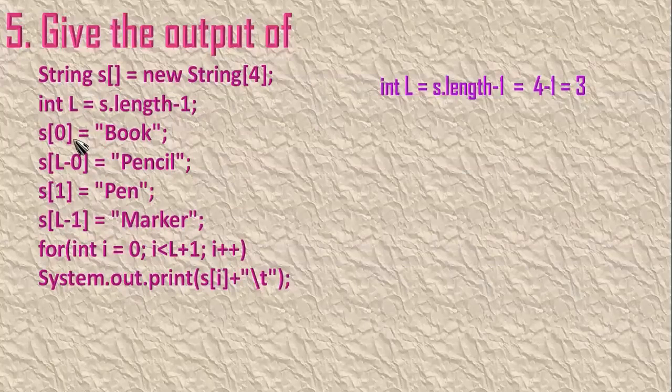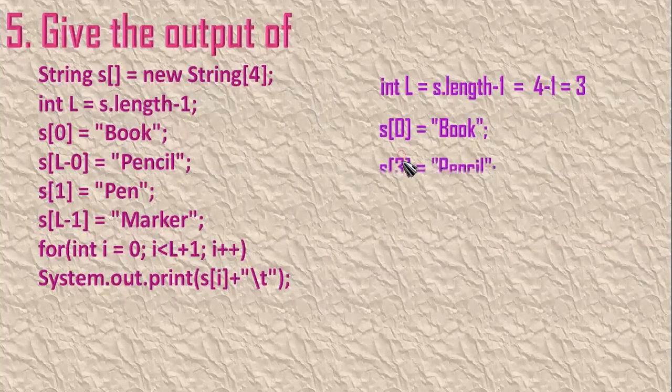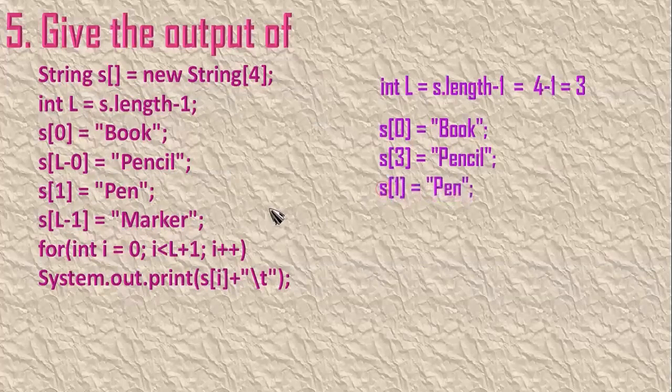Next, S[0] is the first element. But here S[L - 0] is given as pencil. L we already know is 3, so we will get 3 minus 0 as 3 only. It is pencil. Now S[1] will be pen. So here S[L - 1]. L is 3, 3 minus 1 will be 2.